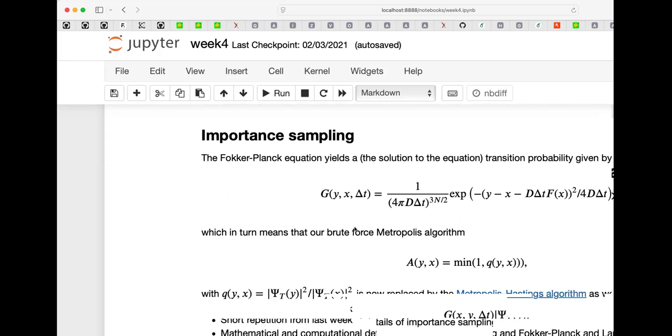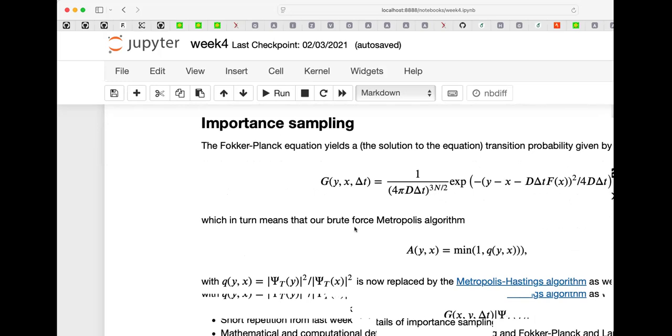One of the assumptions we made earlier when we derived the Metropolis algorithm was that this quantity g was time independent. But you can make it time dependent by introducing this delta t, which means that this expresses the probability of making a jump from x to y in a time difference delta t.